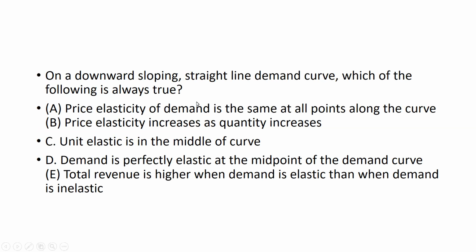All right. Now I'm just going to do some multiple choice and ask you to give each other like 40 seconds to think before you answer. So no one type anything in. On a downward sloping straight line demand curve, which of the following is always true?